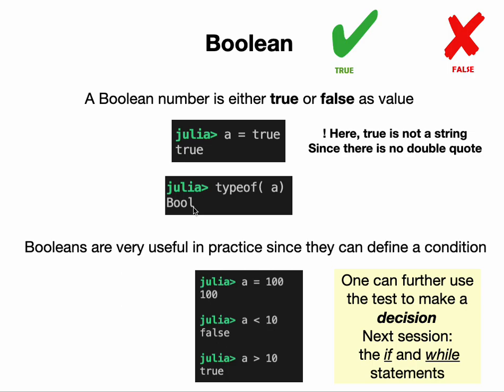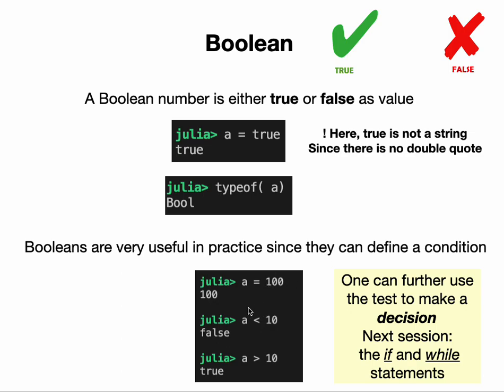Booleans are very useful because in practice they can be used to set a condition. So let's do an exercise. Now A is equal to 100, and we are going to check. A is an integer equal to 100. Is A smaller than 10?